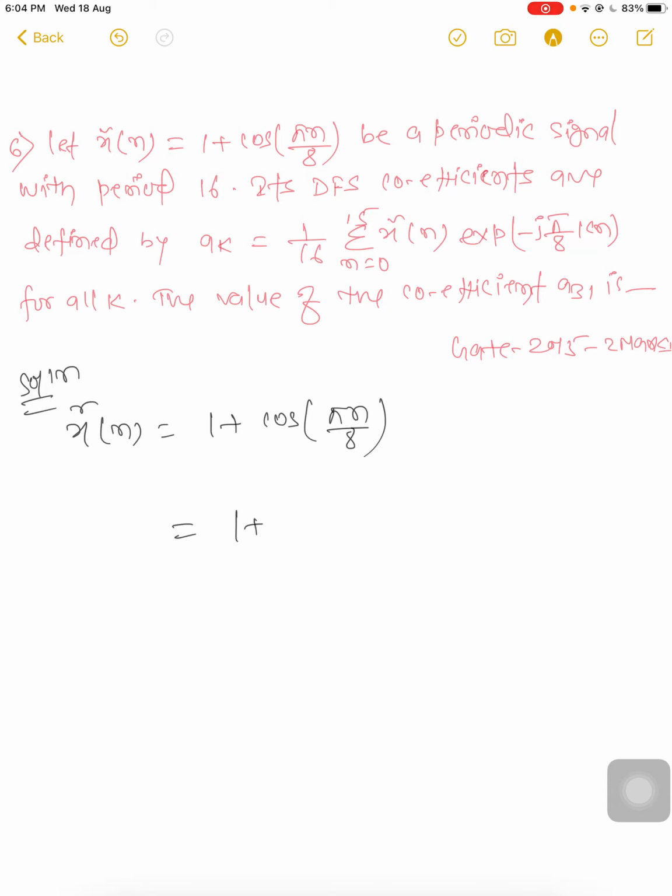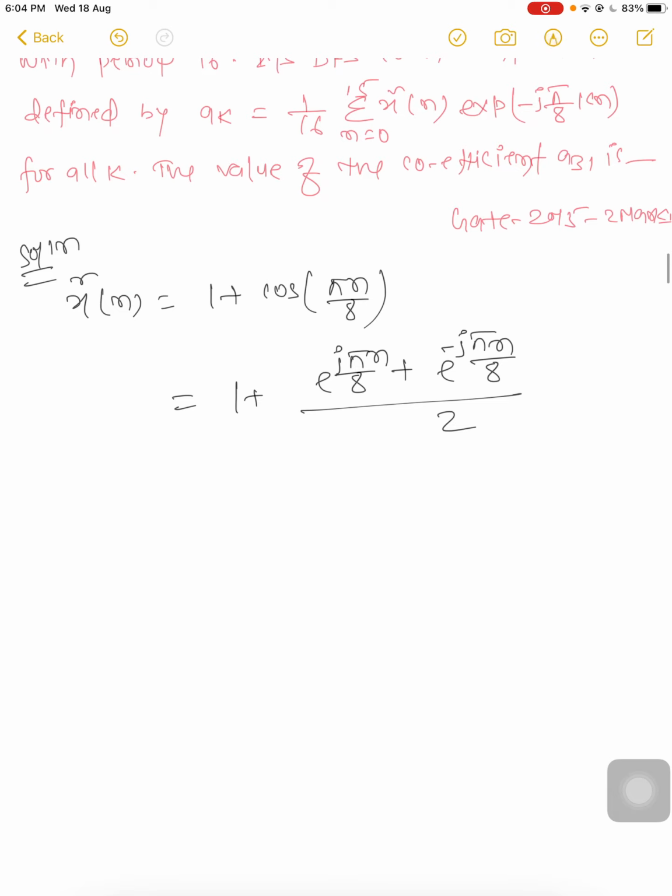Okay, so 1 plus, it will be e to the j pi n by 8 plus e to the minus j pi n by 8, by 2.